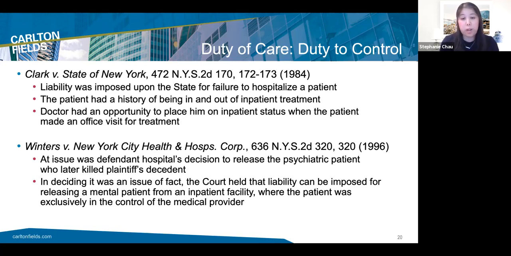And so again, where the hospital had control over leave privileges, for example, the hospital and the practitioner had to exercise reasonable care in exercising that decision.